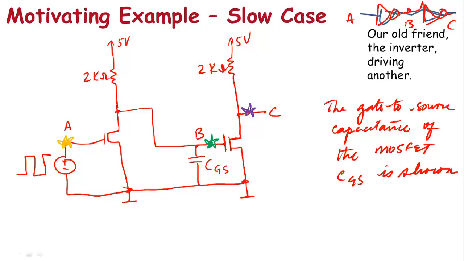I'm going to mark these nodes with these three colors so that when we draw out the waveforms, those will be pretty clear. So here is our circuit, and this is our MOSFET inverter driving another MOSFET inverter. Now what I could do is look at what the waveforms are going to look like at A, B, and C and see if they match our intuition.